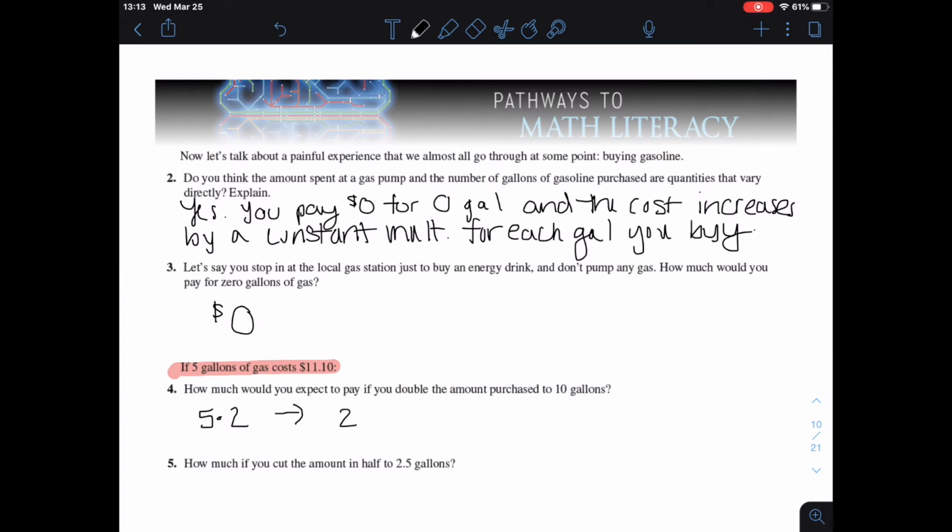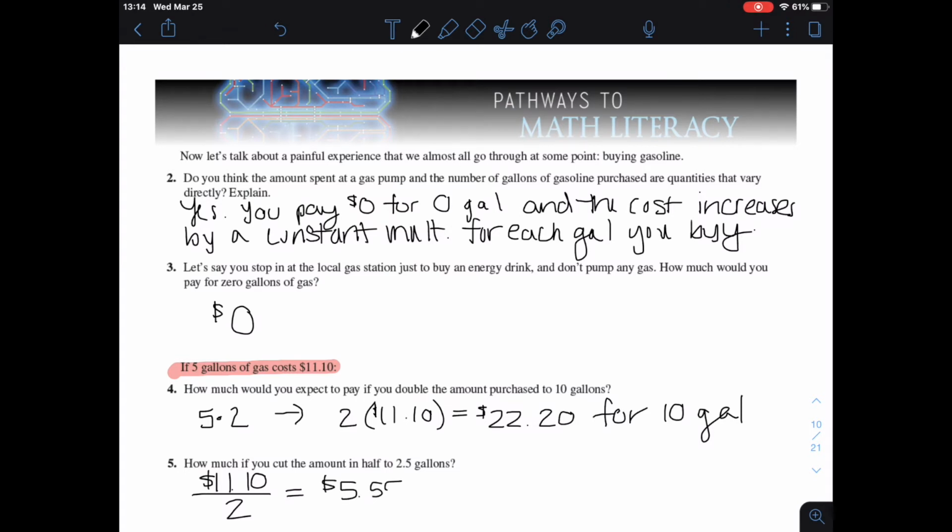So the price would be 2 times $11.10, which is $22.20 for 10 gallons. Okay. If instead we cut 5 gallons in half to 2.5 gallons, we expect the price to do the same thing. I'm going to decrease my gallons in half, so the price is going to decrease in half. It would be $5.55 for 2.5 gallons.